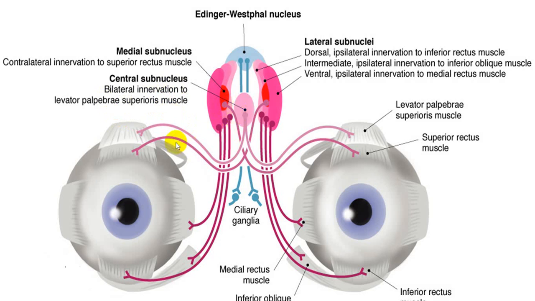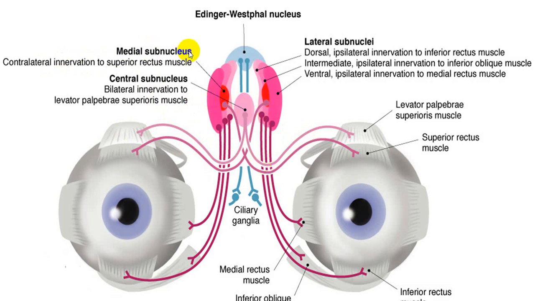So the levator palpebrae superioris is receiving bilateral innervation, fibers from both sides. While the superior rectus will be innervated by the contralateral side.